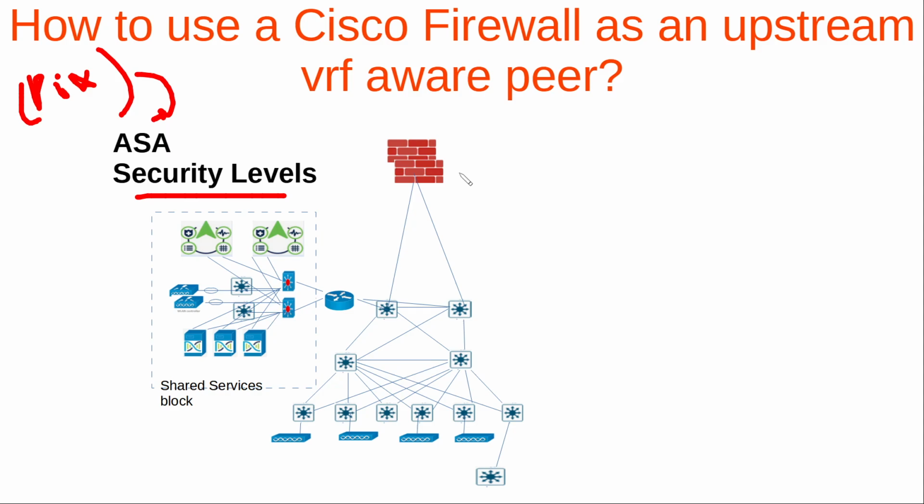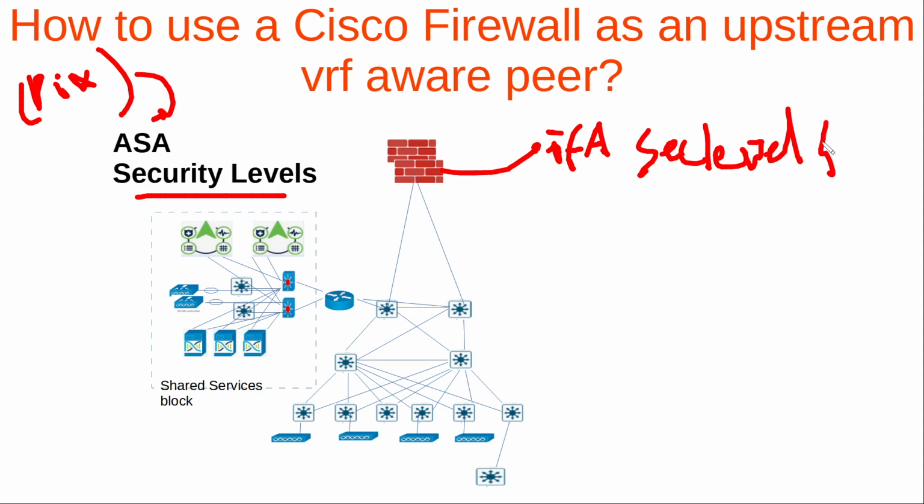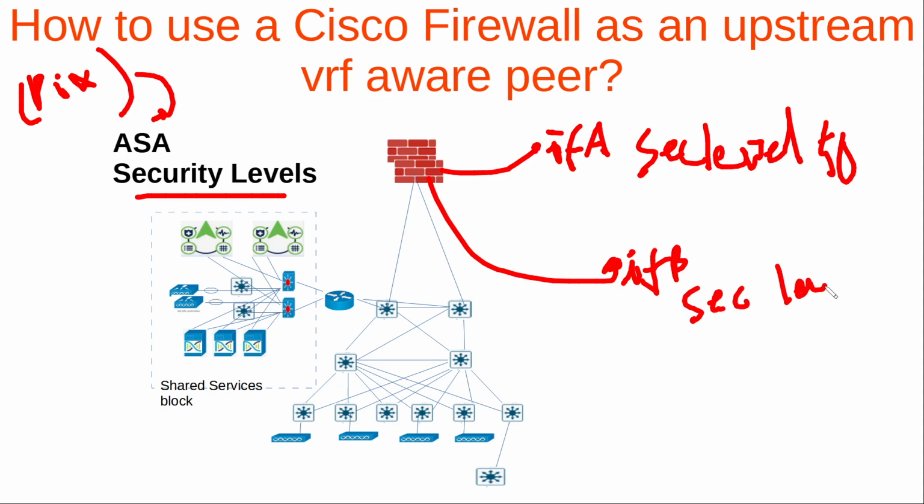And remember that in ASA firewalls, you can create, for instance, one interface A and give that interface A a security level, let's say, of 50. These security levels can go up to 100. And you can create, for instance, another interface B and give it a security level of 51.